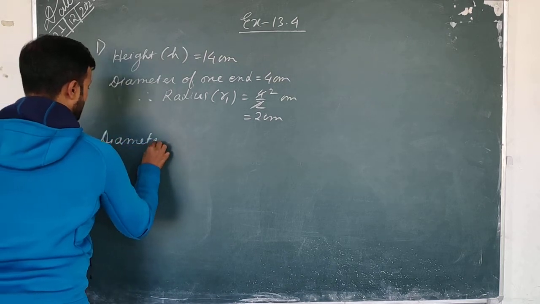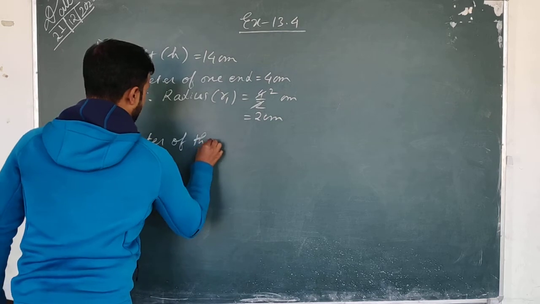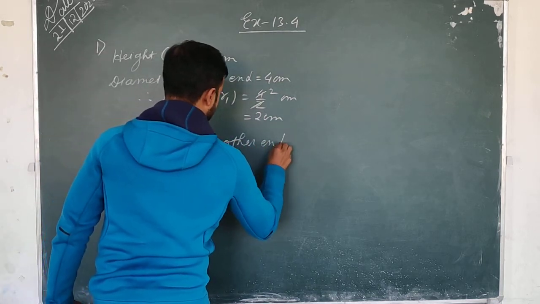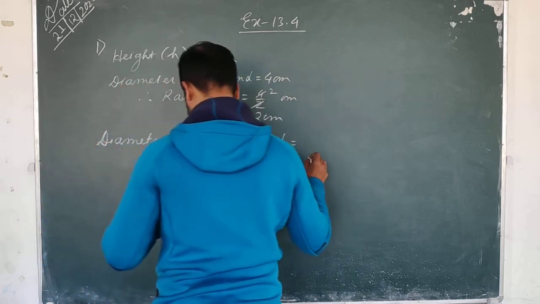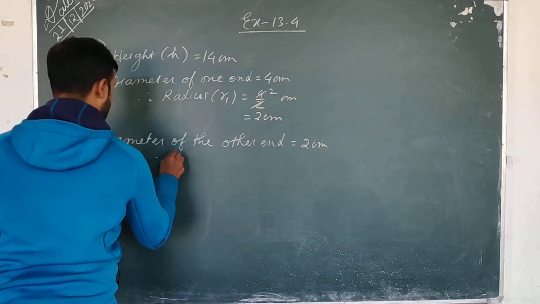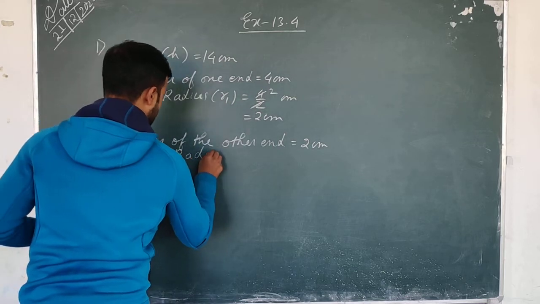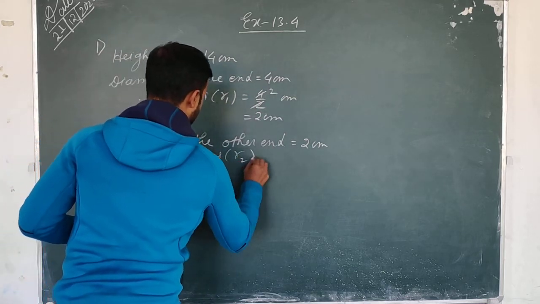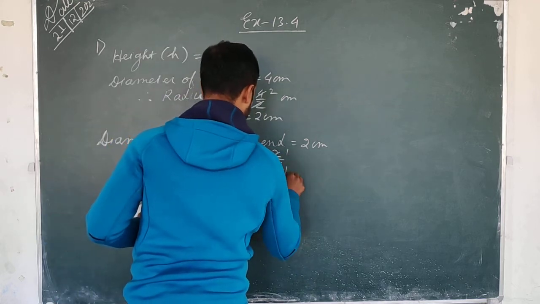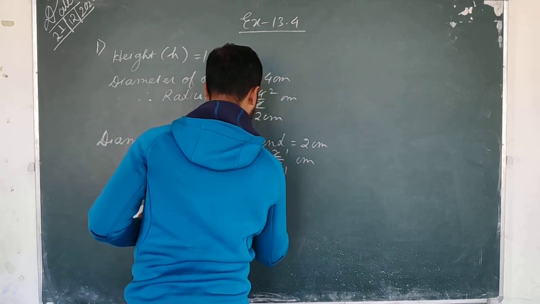Diameter of the other end is equal to 2 cm. Therefore, radius r2 is equal to 1 cm.